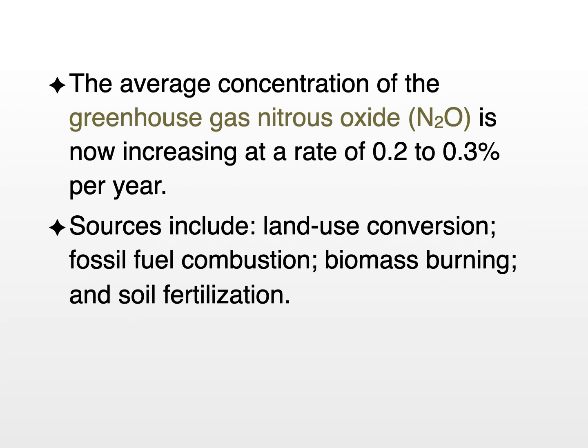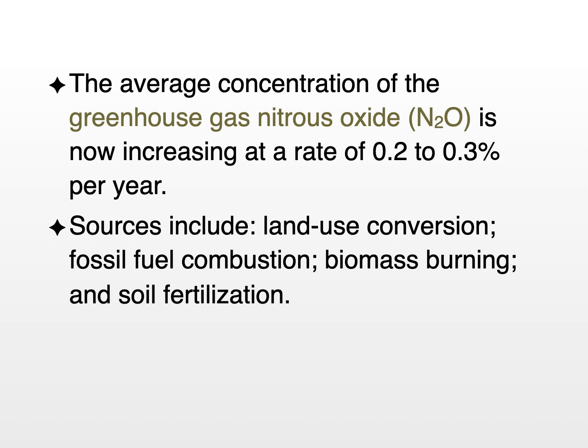Nitrous oxide is another greenhouse gas. Its concentration has been increasing at a rate of about 0.2 to 0.3% per year, so not necessarily exponential. Sources include, and these are human sources, land use conversion, our combustion of fossil fuels, biomass burning, and soil fertilization.